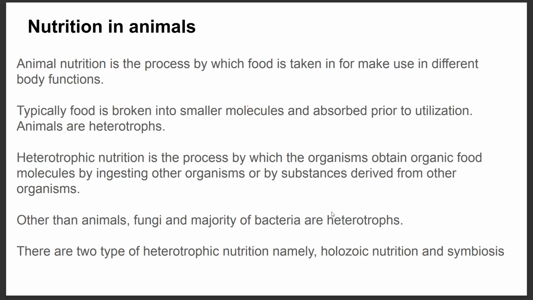First one, ingestion, right? Ingestion means intake of food into the oral cavity. It is the first stage where eating or feeding happens, right? Now here, if that animal is a carnivore, it takes animal flesh as its food.